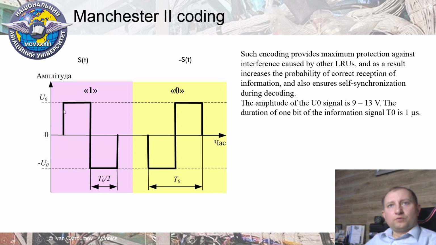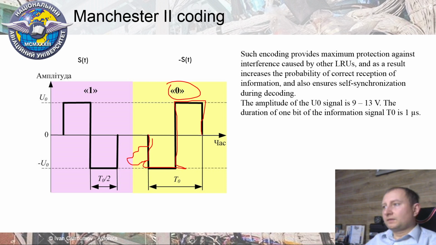Logical 1 is coded as a sequence of a positive pulse and a negative one. Logical 0 is coded as a sequence of a negative pulse and a positive pulse.